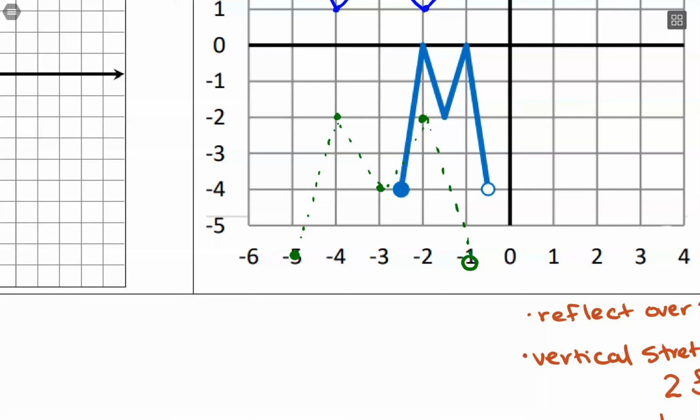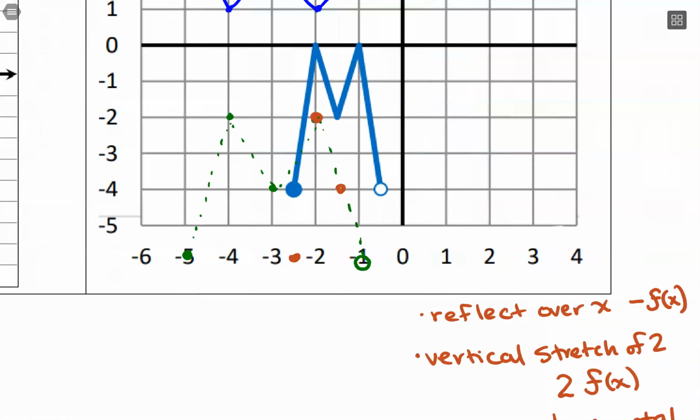So where I am 5 away, I would now be at 2.5. Whereas 4 away, now it'd be 2. 3 away would be 1.5. And 2 away would be 1. And 1 away would be 1/2. Okay. So with the compressions and stretches, I now have the correct shape.